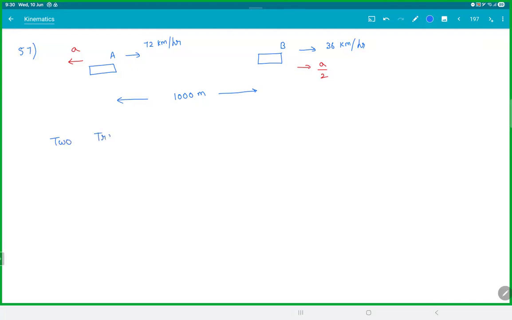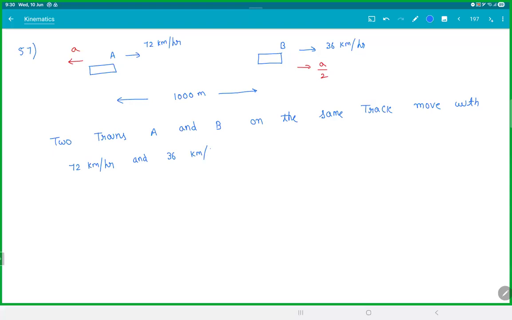So two trains, A and B on the same track, move with 72 kilometers per hour and 36 kilometers per hour. Remember, you have to convert them into meters per second.